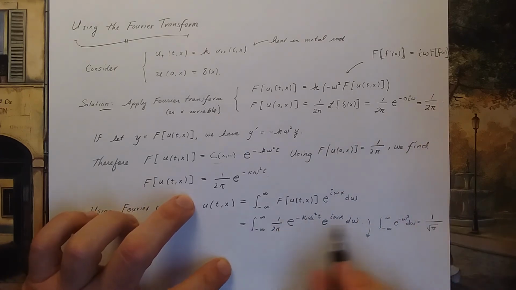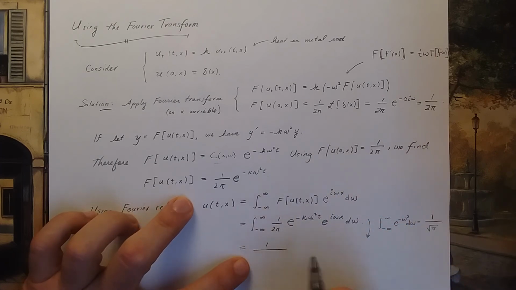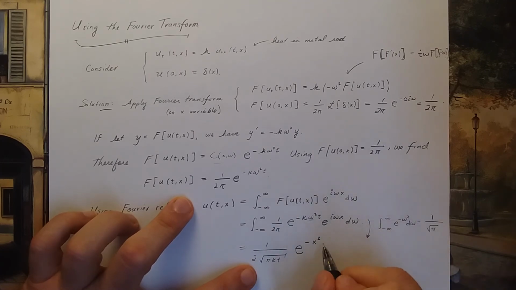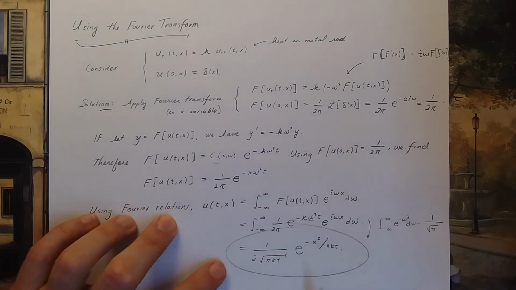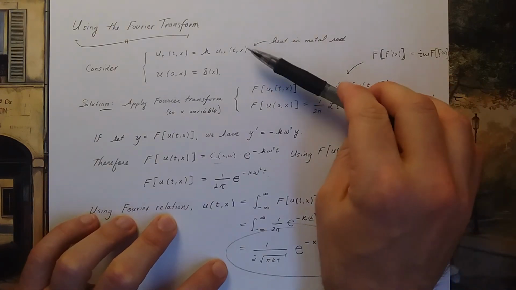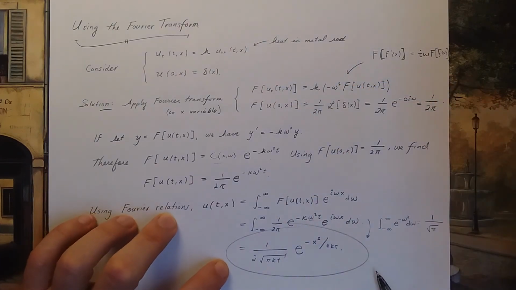So I could do that along with a u-substitution. I'm not going to show you the details, but I am going to show you the final answer, which is 1 over 2 times the square root of pi k t times e to the negative x squared divided by 4kt. So that is the final answer to this heat equation problem.